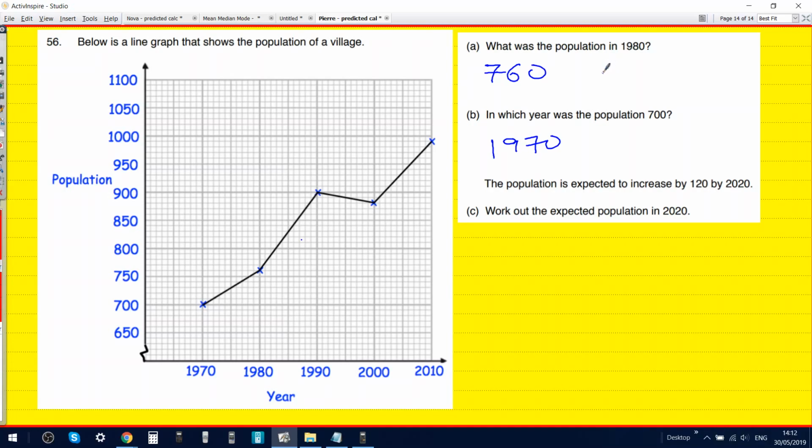Population is expected to increase by 120. Work out the expected population in 2020. So, okay, population is expected to increase by 120.